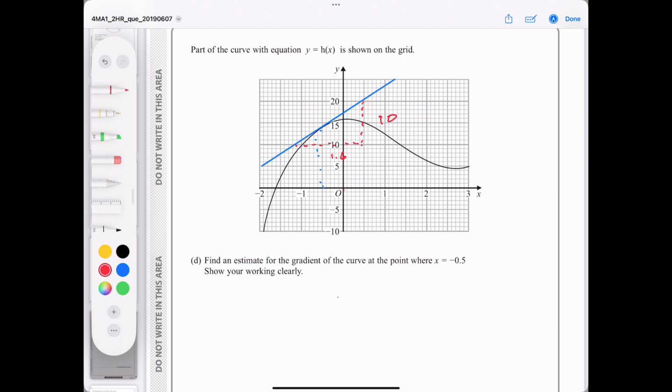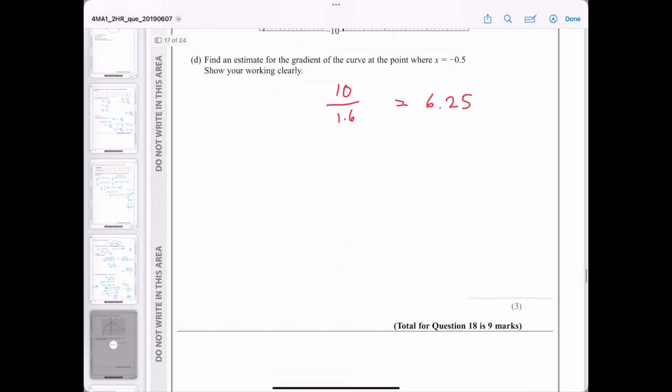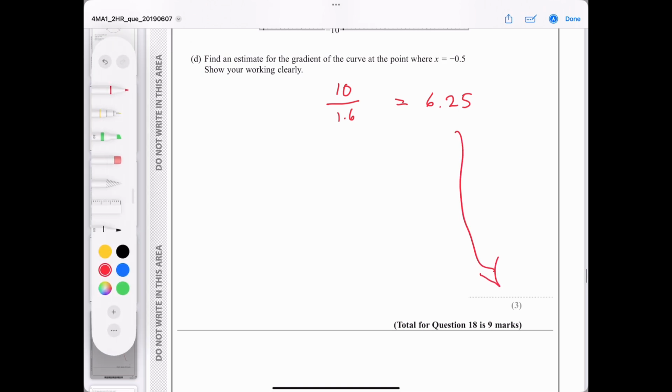So that means it's 10 over 1.6, which I actually have to have a calculator for. That's 6.25. You see, I would not have got that by looking at it. It's not a very eyeball-y thing, is it? There you go. And that is the end of question 18.